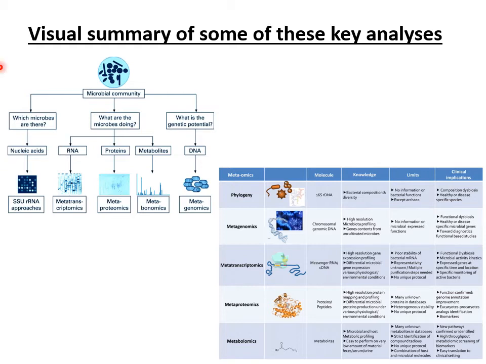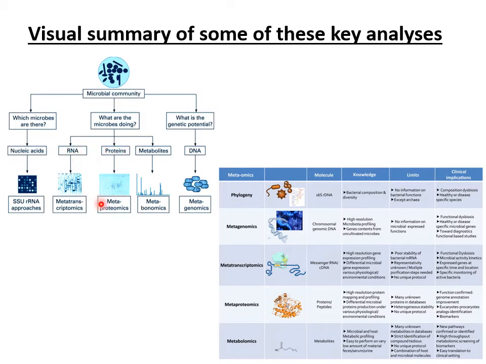So in this first area, you have looking at nucleic acids. This can also include some of the stains that we mentioned, such as DAPI and acridine and SYBR Green. You also have a look at the RNA versus the proteins.